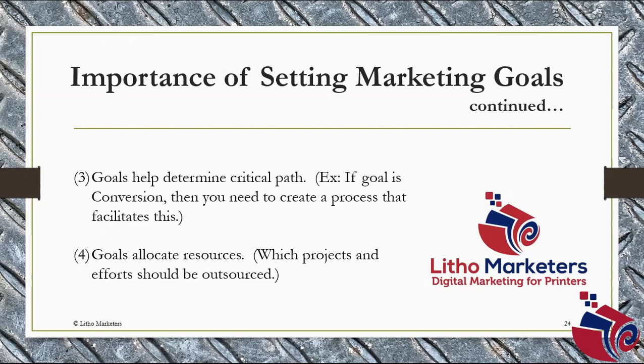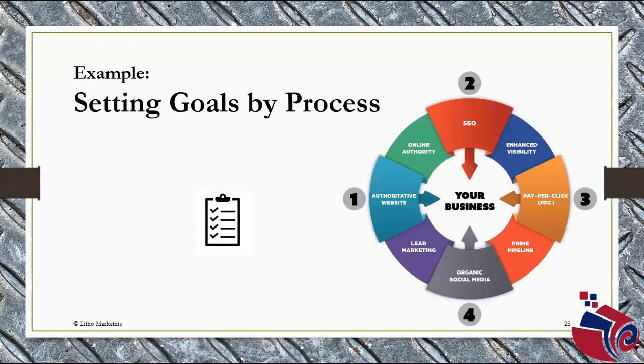Fourth reason for goals is facilitating the efficient allocation of resources. And this is illustrated in the process wheel that I'll show you in this next slide. Okay, so let's say your goal is SEO and you want more people to find your website.